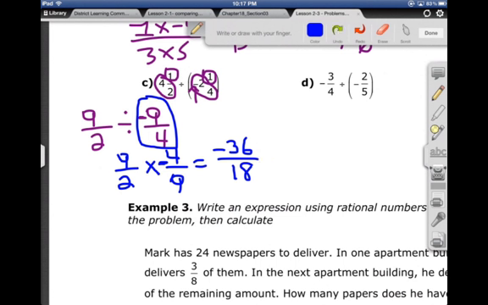Let's go back just a little bit here. If you know cross-canceling, what you realize with it is that numbers that are in the numerator, if they're across from numbers in the denominator, can be canceled. Here's the proof. It doesn't really matter what order you multiply in.